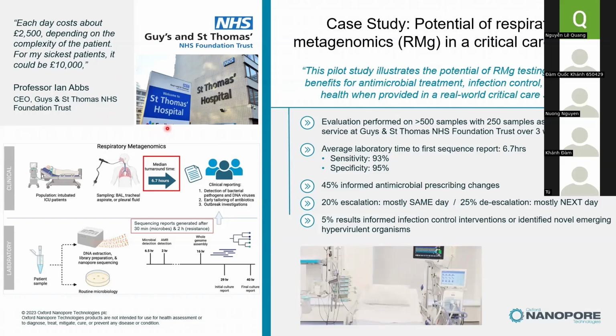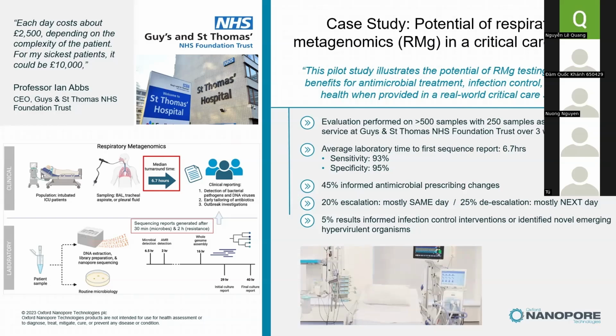Additionally, the use of broad-spectrum antibiotics has also continued to drive antimicrobial resistance, a growing global threat identified by the WHO. Therefore, there is a very urgent need for a sensitive, rapid, and less biased diagnostic tool for respiratory infections.